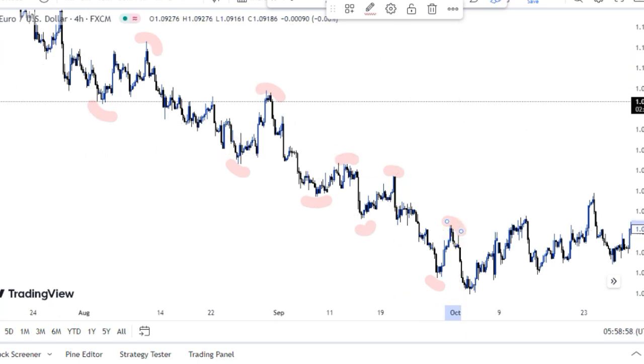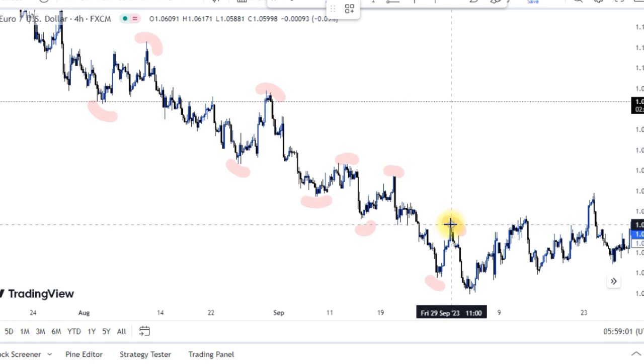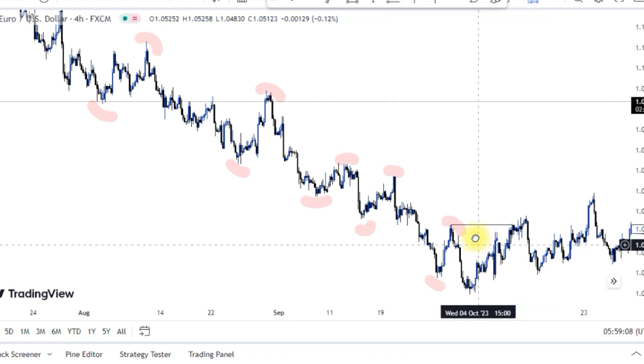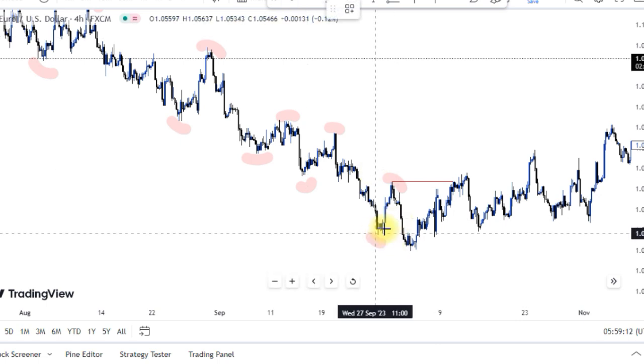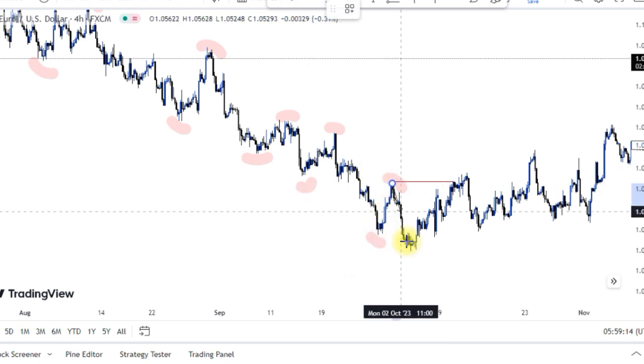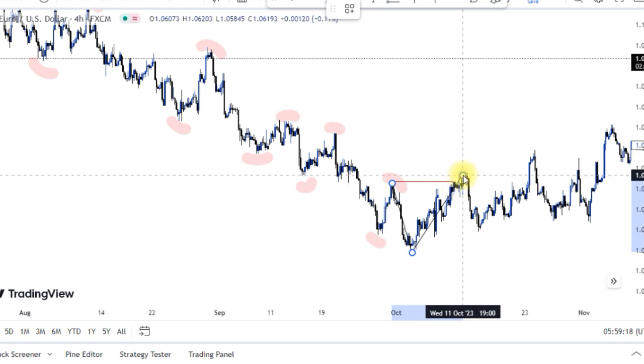But now let's look at what happens when we get to this point. This here we're going to mark. This here was our lower high. Okay, this was our lower high, and after the market pushed to the downside, it then took out our lower high.